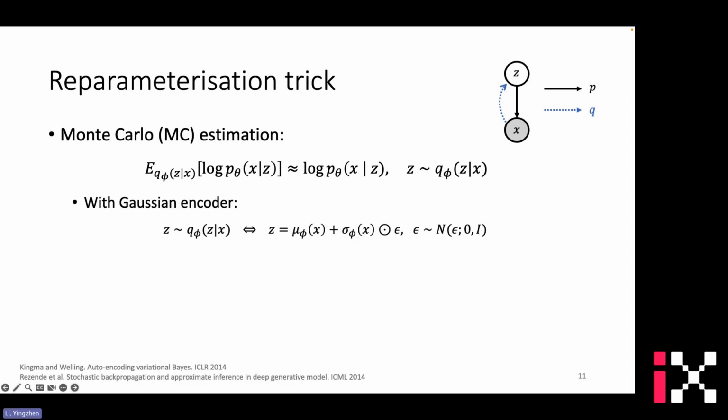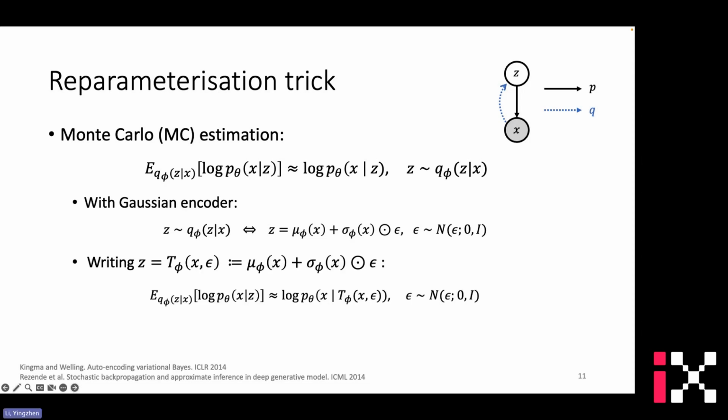If you have your Q distribution as a Gaussian, then getting a Gaussian sample is as simple as first getting a standard normal sample, then scaling it with the standard deviation of the Q distribution, and then shifting it with the mean of the Q distribution. Now, the interesting thing here is if you plug in this particular equation for a Gaussian distribution back into our previous Monte Carlo estimate.